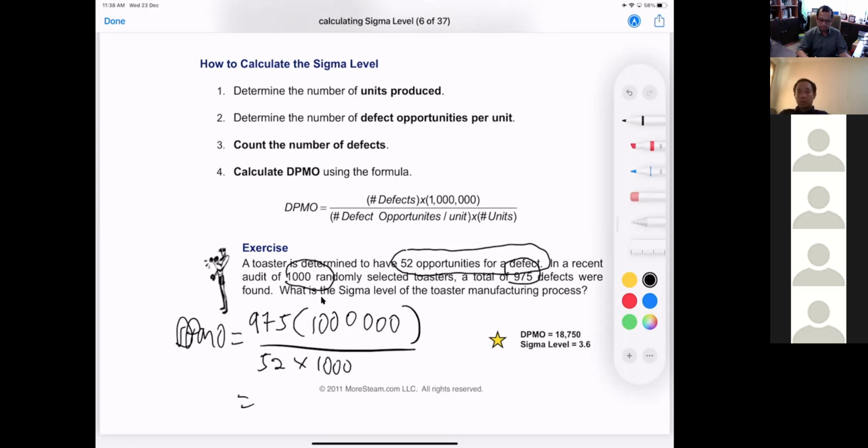That gives 18750. So how to know the sigma level?